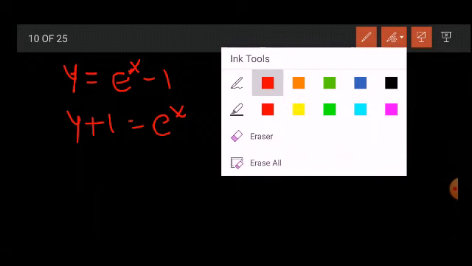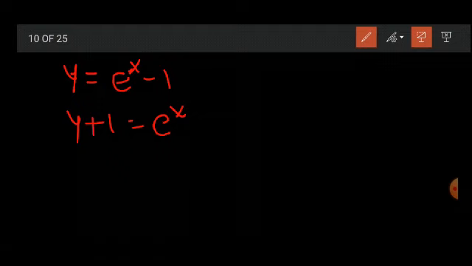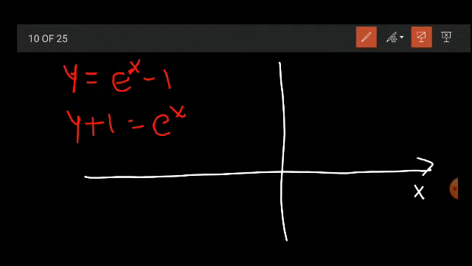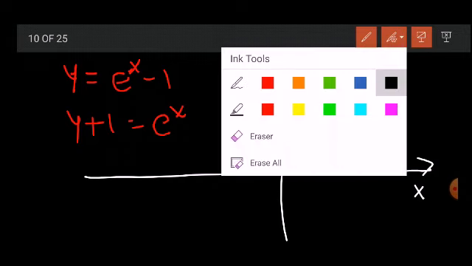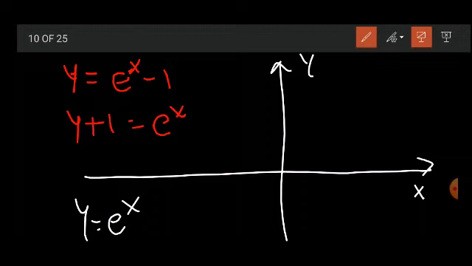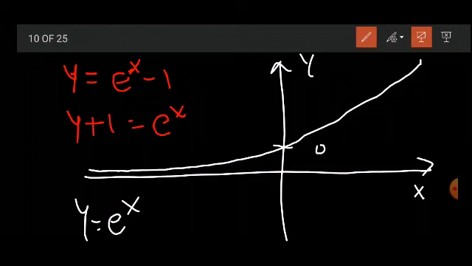So let me do it this way. Here, let this be the x-axis, and this the y-axis. Let me draw, first of all, y equal to e power x. This is the curve of e power x, as it passes through 0 comma 1.